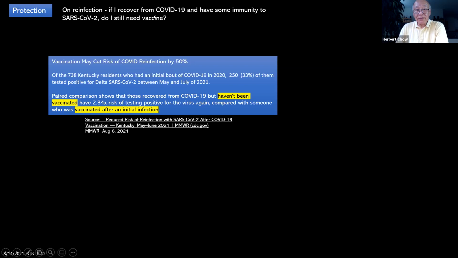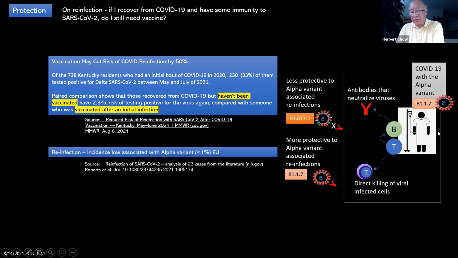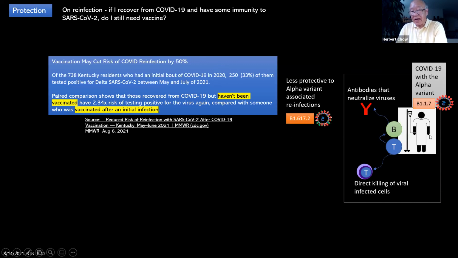So after infection, after 90 days, do go get your vaccine. Here are the patients: we get the antibody after infection, after natural immunity.